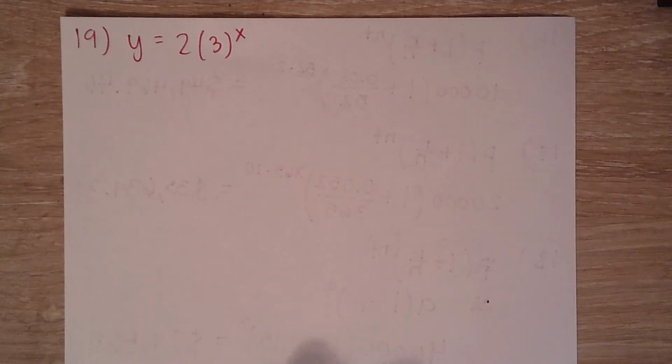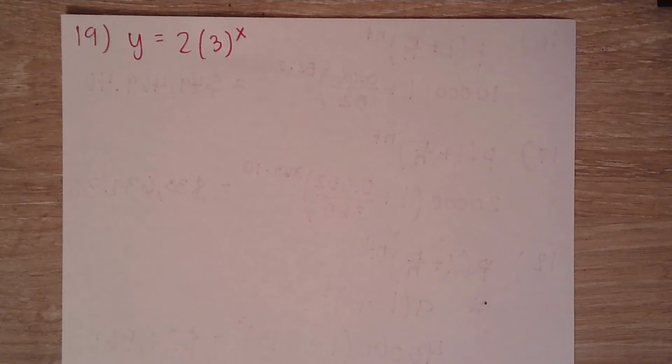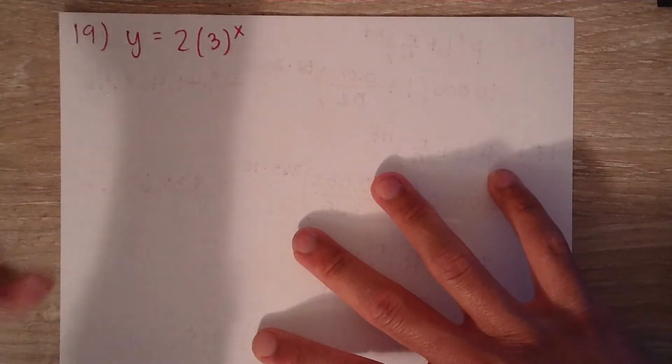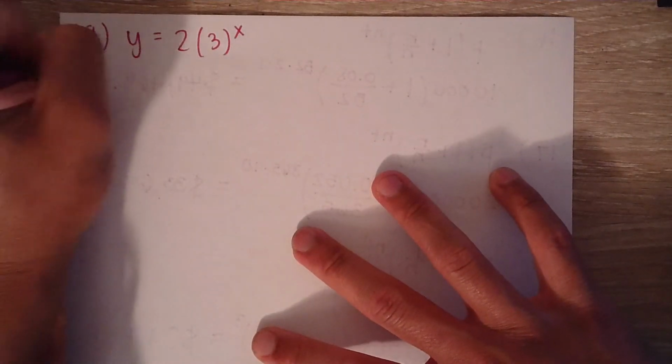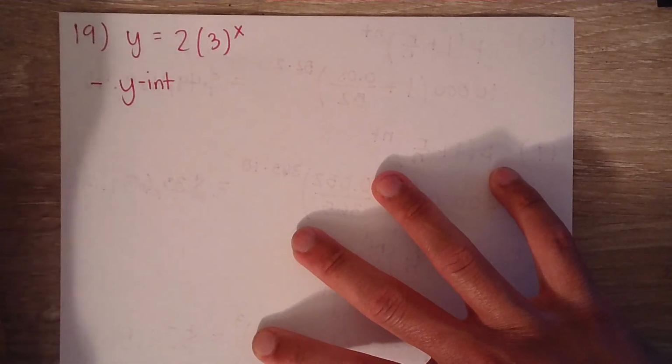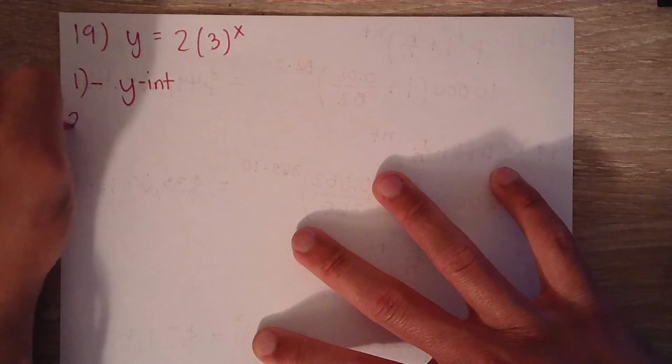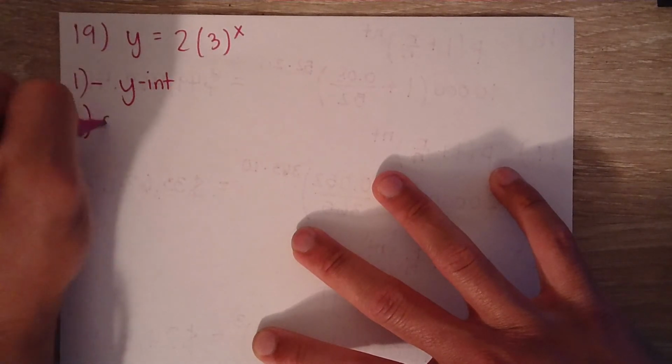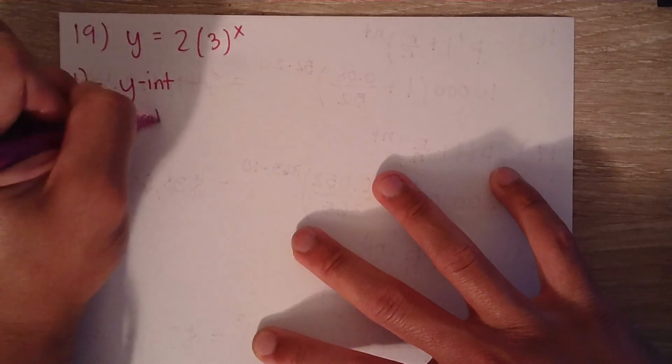They want us to graph y is equal to 2 multiplied by 3 raised to the x power. So for this one, I only need 3 things from your guys' graph. I want you guys to graph the y-intercept. I need the general shape.